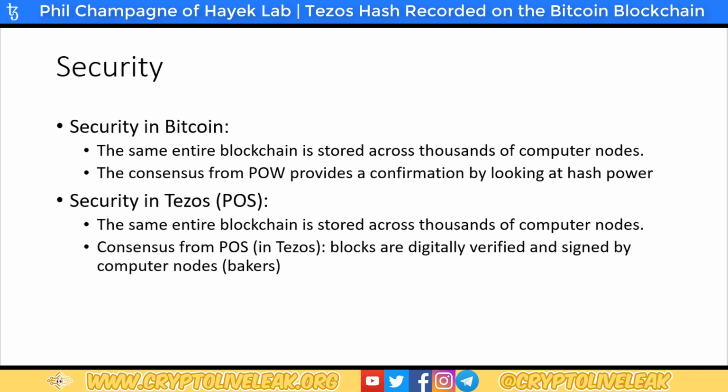In the case of Bitcoin, it's through the proof of work and the hash power, which also shows up in the blockchain itself. You see all those hashes where there's a requirement for miners to have a certain number of zeros, and the more proof of work, the more leading zeros there are. In the case of proof of stake, like Tezos, the blocks have been signed by computer nodes, those bakers.